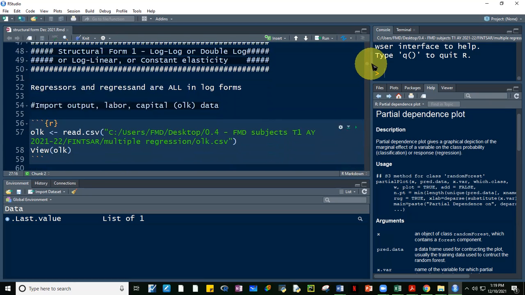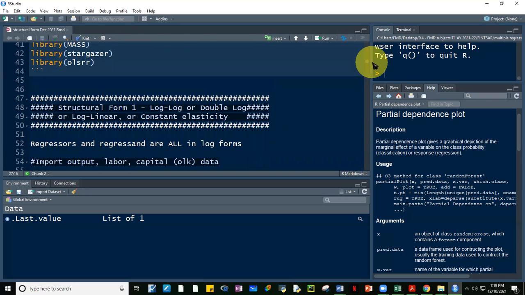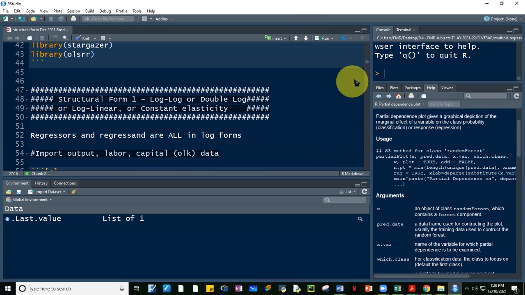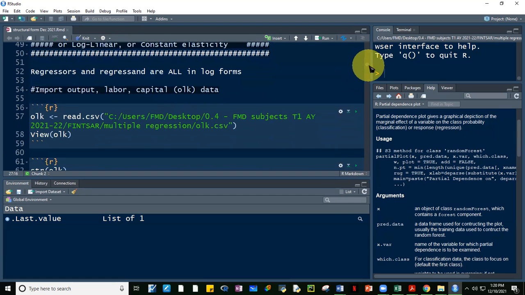Once you're done installing the packages, kindly chat in the chat box if you're okay already. If you're done, you can start.